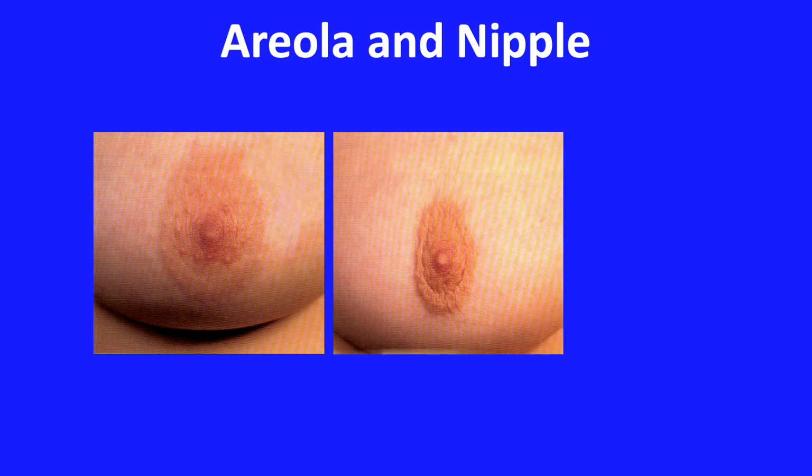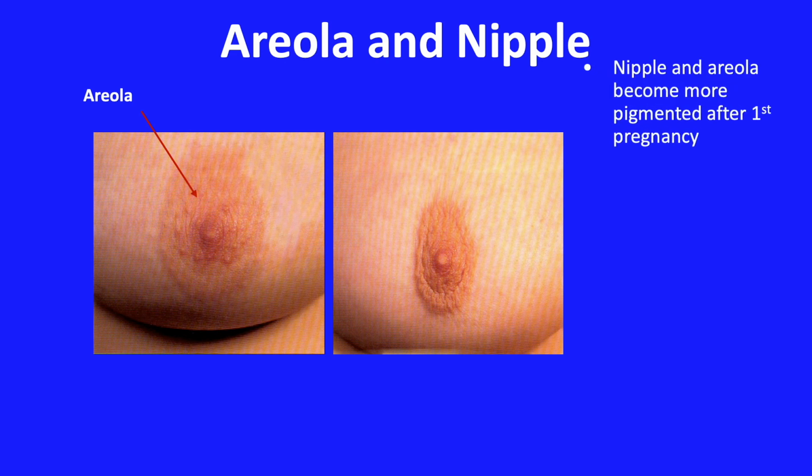Having described the interior of the breast tissue, let's now describe the specific components of the skin making up the breast. The pigmented area of the breast is known as the areola. This region becomes more pigmented after the first pregnancy in response to the hormonal environment in the woman.